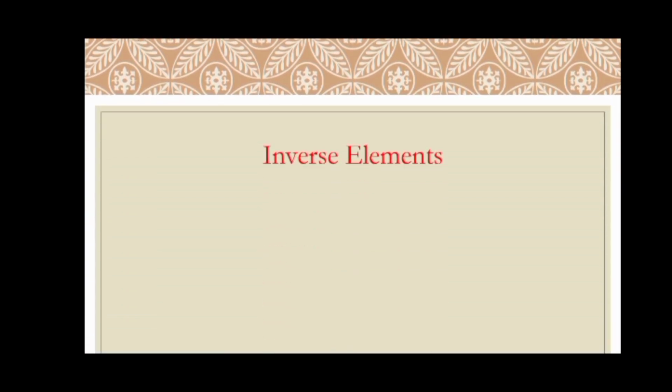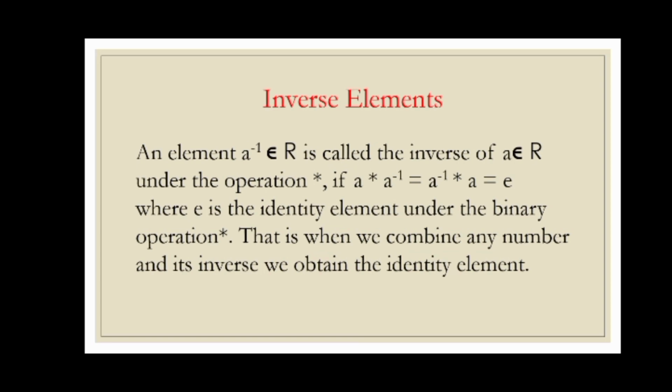What is inverse? An element A inverse, so A exponent -1, we say A inverse, right? Good. Belonging to R, is called the inverse of A belonging to R under the operation star if A star A inverse is equal to A inverse star A is equal to the identity element.